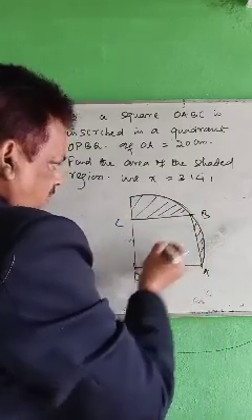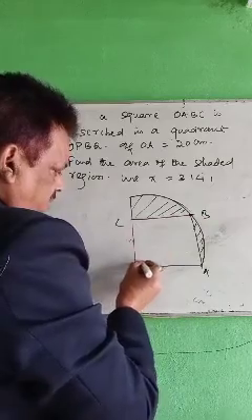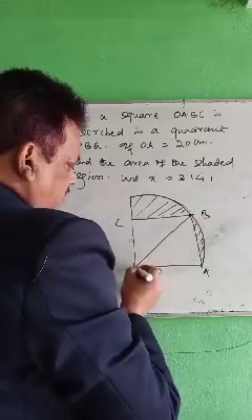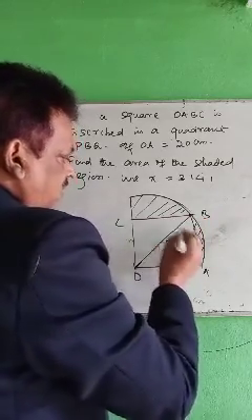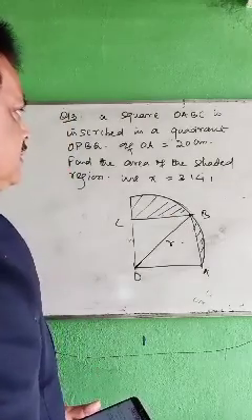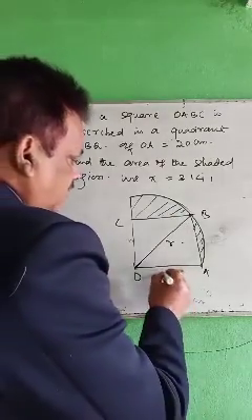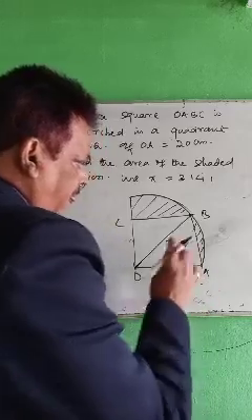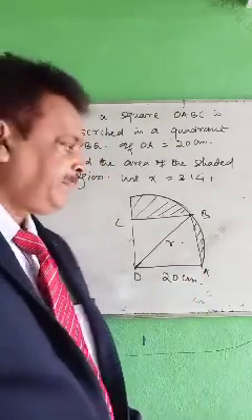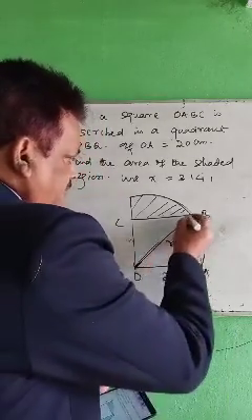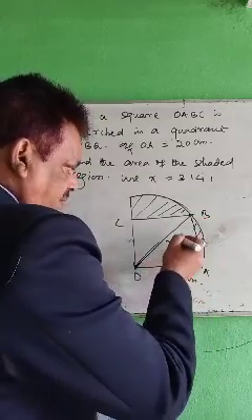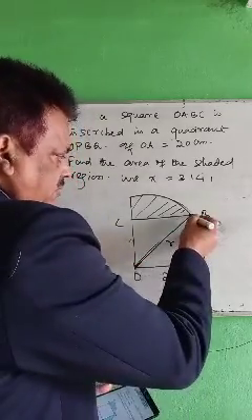Now this is part of a circle, so this is your radius, center to this point, this is your R. How to find R? Now OA is given 20 centimeter, so this is 20, and this is also 20.